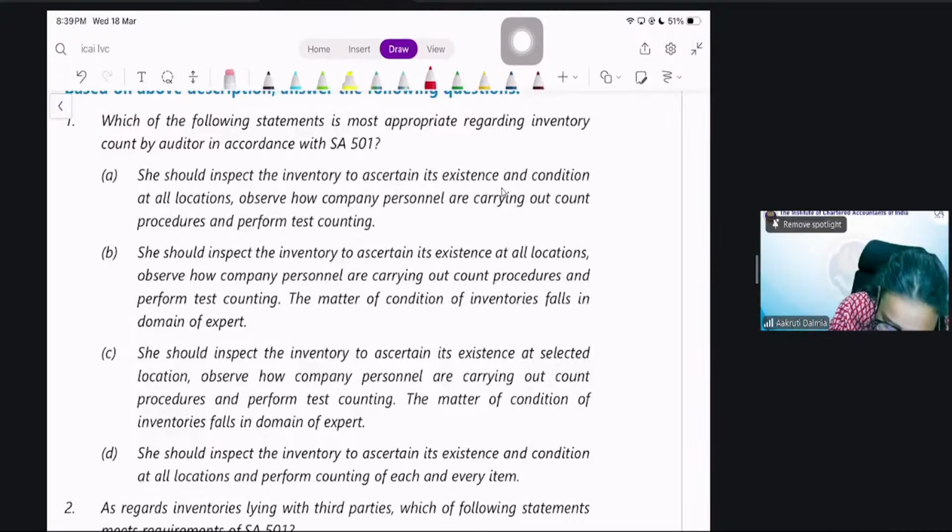The matter of condition of inventory falls in the domain of an expert only. C: She should inspect the inventory to ascertain its existence at selected location, observe how company personnel are carrying out count procedures, and perform test counting. The matter of condition is not relevant. D: She should inspect inventory to ascertain its existence and condition at all locations and perform counting of each and every item. Which one is the correct answer, students?